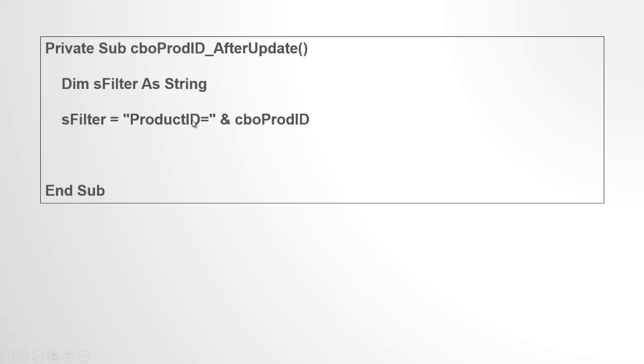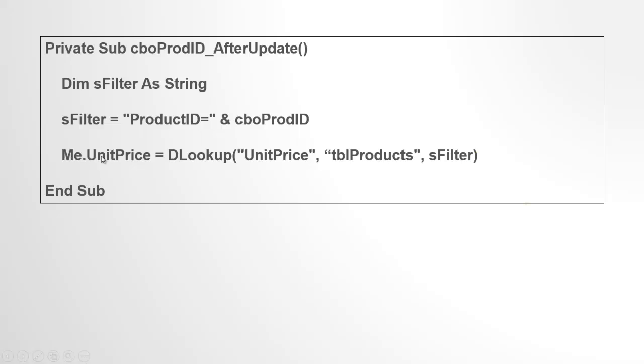If it were not, I need single quotes around CBO product ID. Then we find for the form the unit price by using the DLookup function based on the field unit price in the table products based on the filter for a specific product ID.